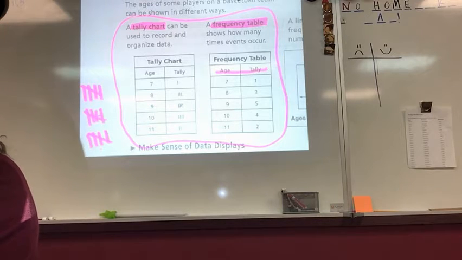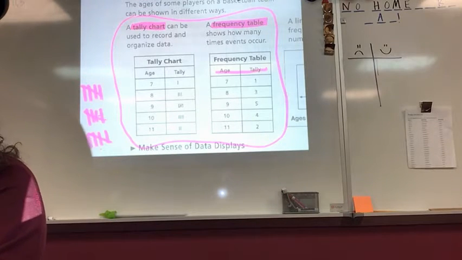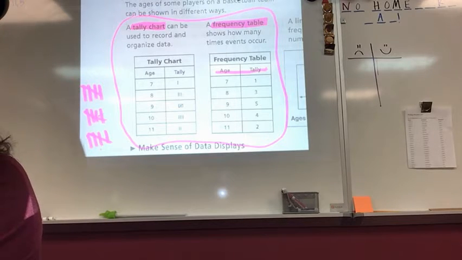Riley? In all the tally charts, will there be like 15 tallies? It could. They're probably not going to do that to us because they're not going to want to make us draw that much in the tiny spaces, right? But it's absolutely possible to have that high of a number. Savannah?